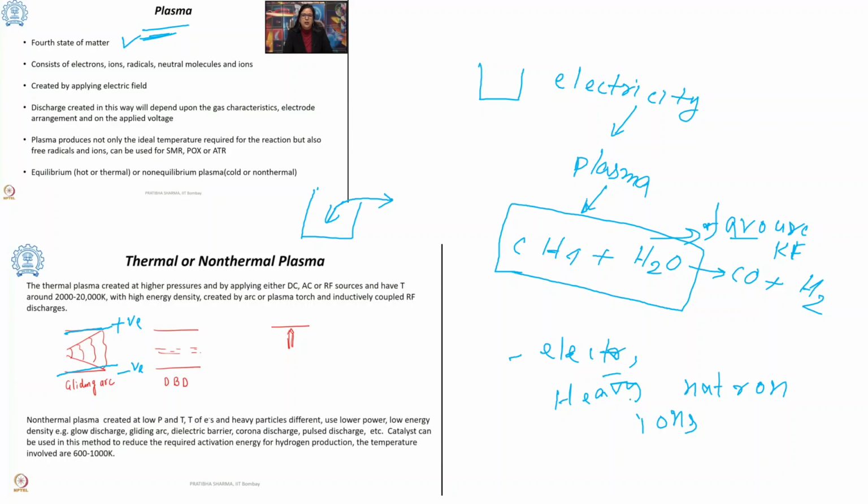These electrons, heavy neutrons, and ions will expedite these reactions. And there are three different types.